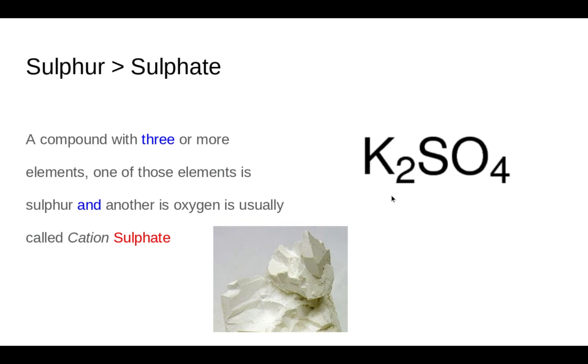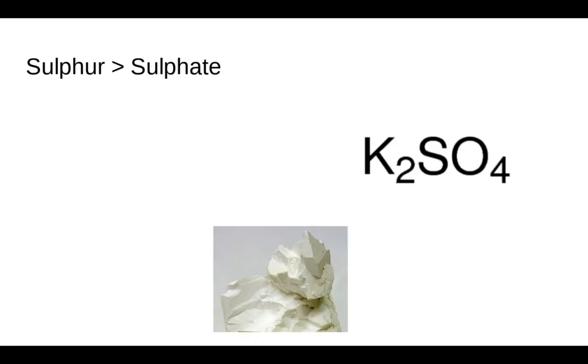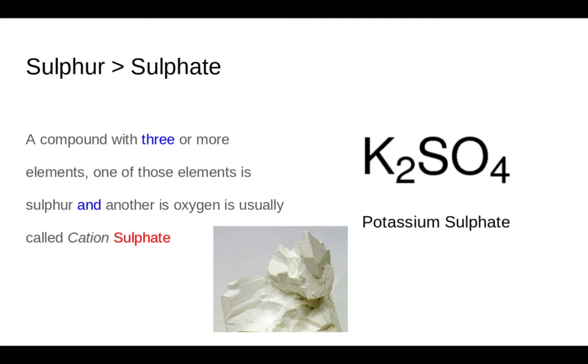Here we've got three elements: potassium, sulfur, oxygen. As before, when we only had two elements, we say sulfide. When we have three elements and one is oxygen, we say sulfate.